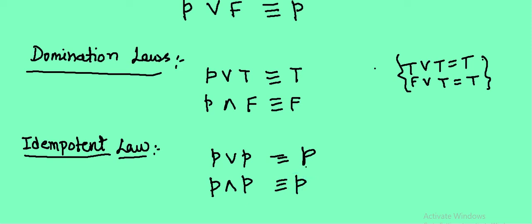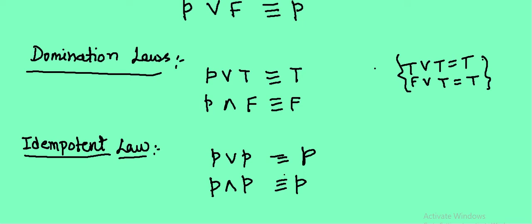So again, you can put the values. If I take true, P is true, so true or true will be true, false or false will be false, obviously, because both the propositions are false. And P and P is P. If I take true, true and true, or true conjunction with true, is true.